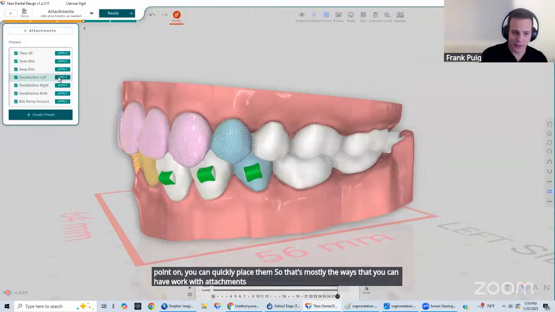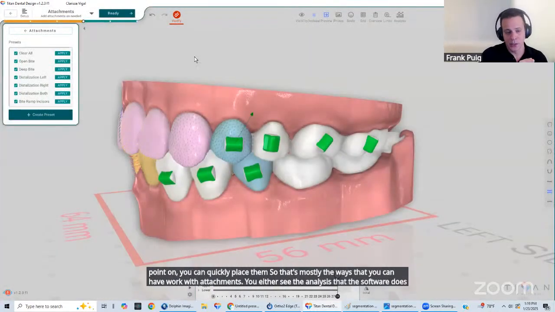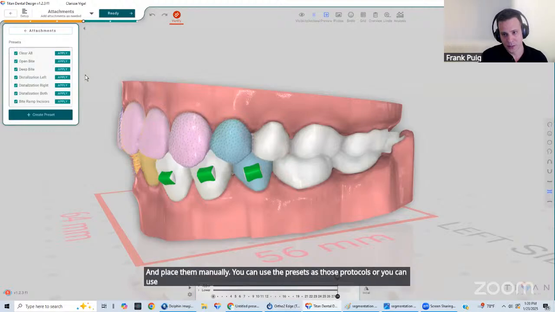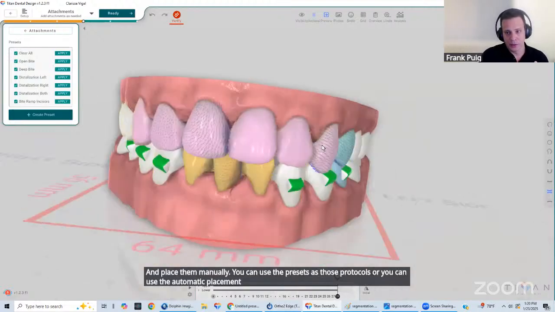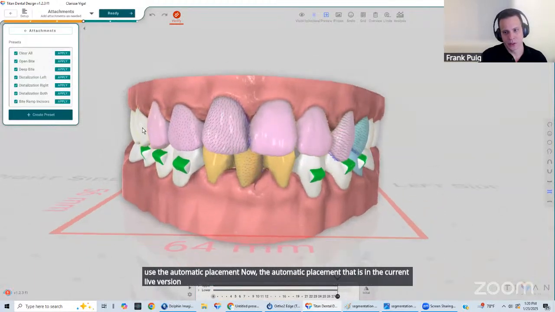You either see the analysis that the software does and place them manually, you can use the presets as those protocols, or you can use the automatic placement. Now, the automatic placement that is in the current live version is not very good.